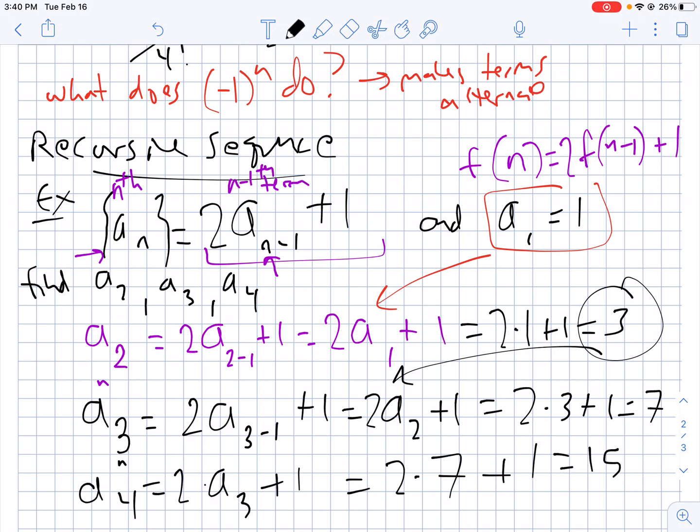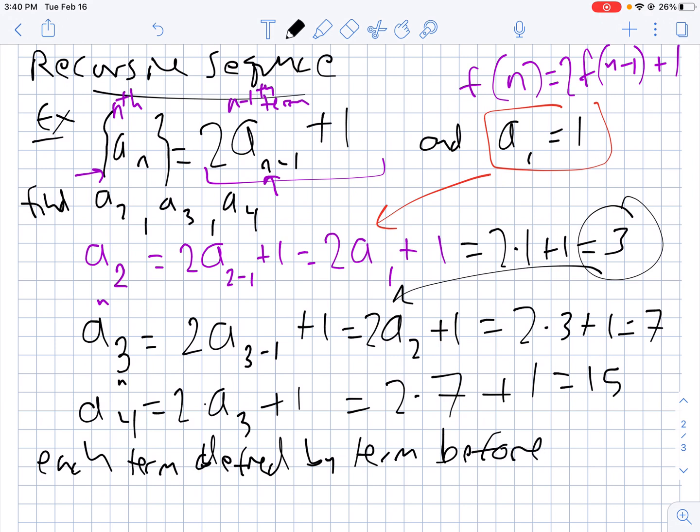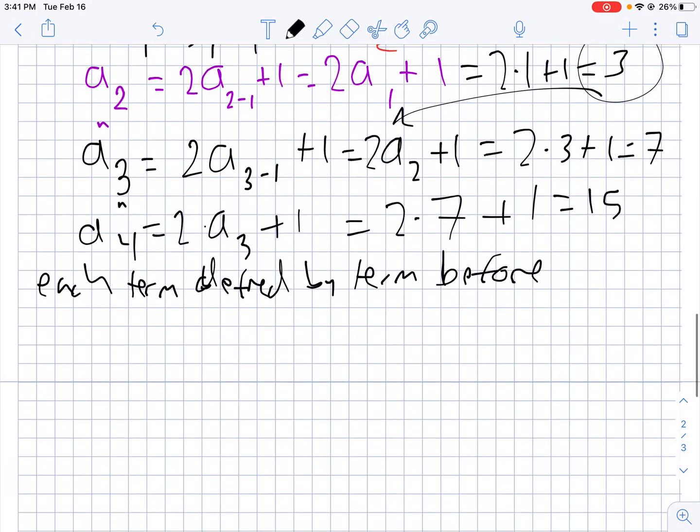A recursive sequence is where each term is defined by the one in front of it, or the term before. We're not going to deal a ton with recursive sequences, but we will see them occasionally. Okay, so anyway, that's just an introduction to sequences, how to use the notation, how to get the first couple terms. Let's get to the calculus question. Here's our big question.